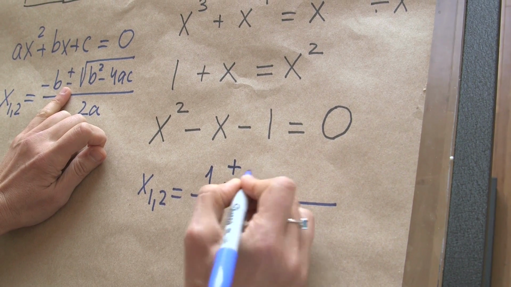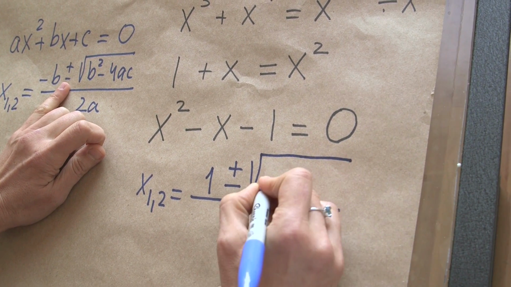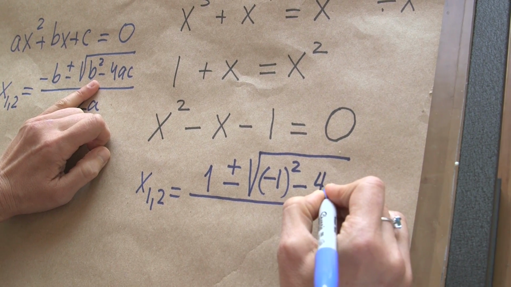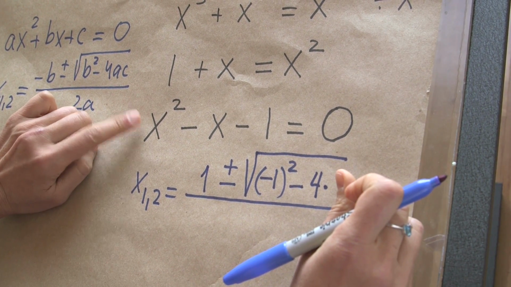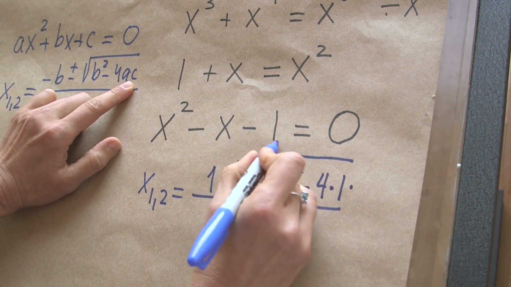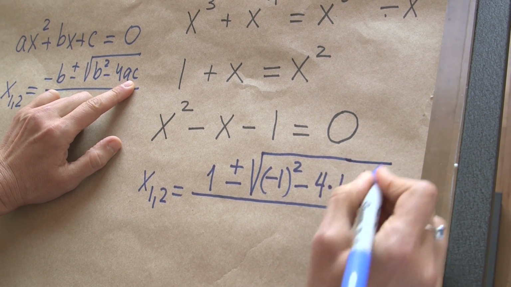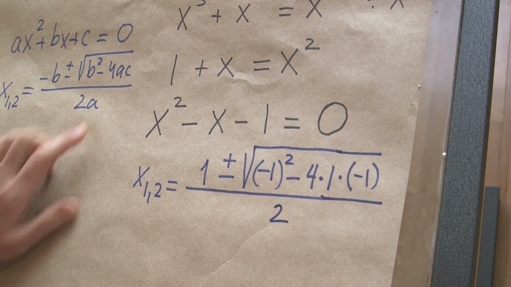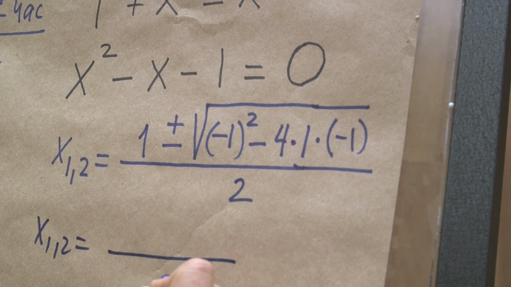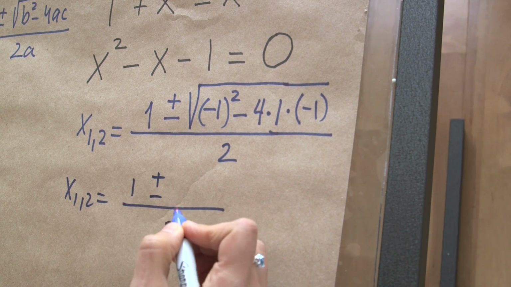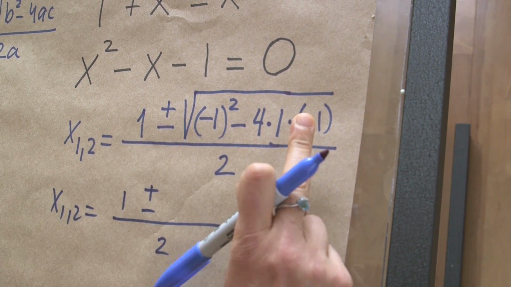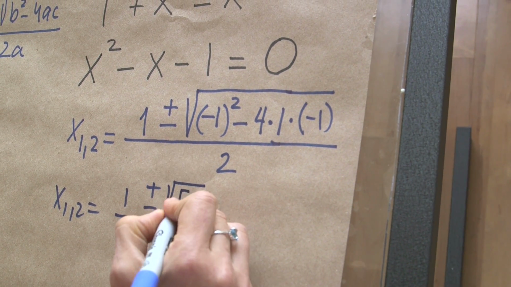Plus or minus the square root of -1 squared minus 4. a is here, and that's 1, and c is -1. And all has to be divided by 2. All right, this is not so hard. We end up with 1 plus or minus the square root of 1 plus 4, which is 5.